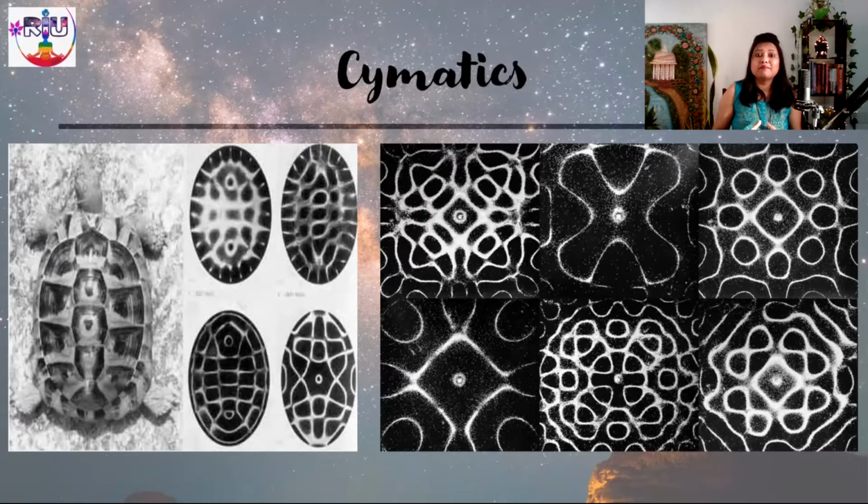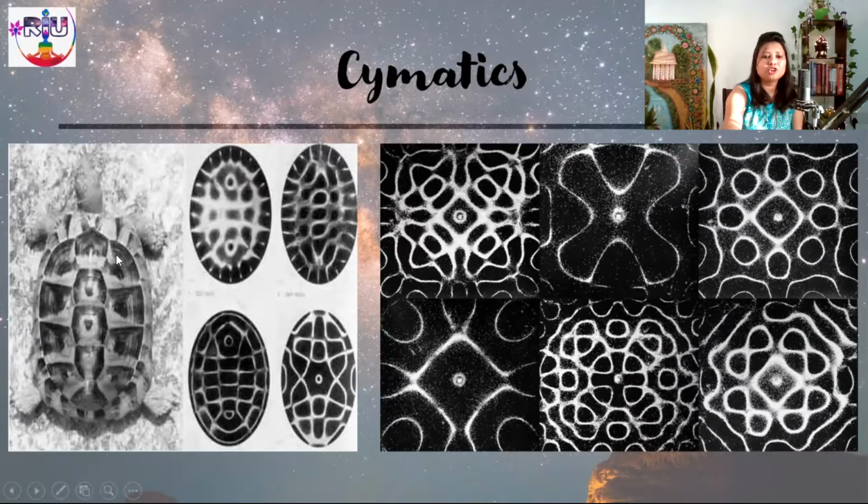Now comes cymatics. The signs of visible sound wave vibrations are called cymatics. A German physicist, Chladni, first noticed this phenomenon, and later a Swiss natural scientist carried out a lot of experiments with cymatics.